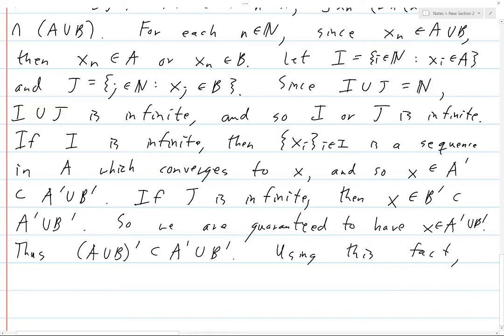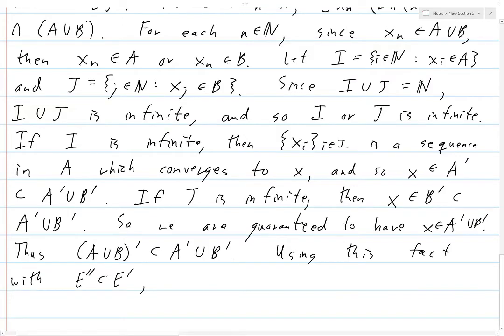Okay, so that's the thing that we wanted to prove. Using this fact with the fact that E double prime is contained in E prime, remember, that's what we proved in the first part of this exercise.